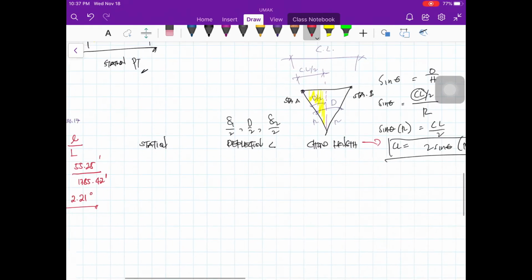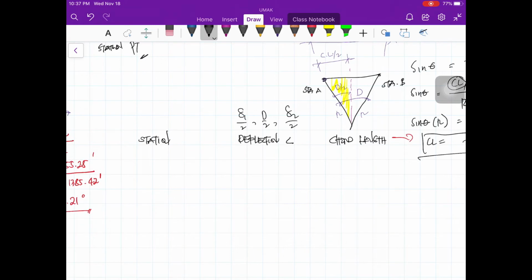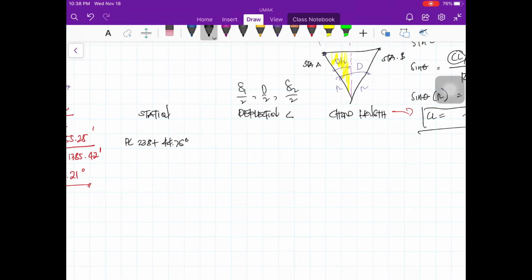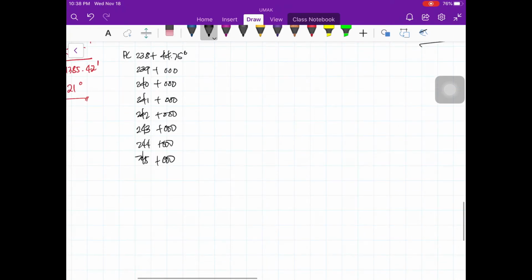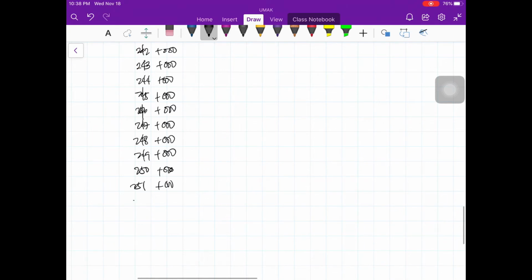Let's solve that. You have station PC, then 252 plus 30.17.